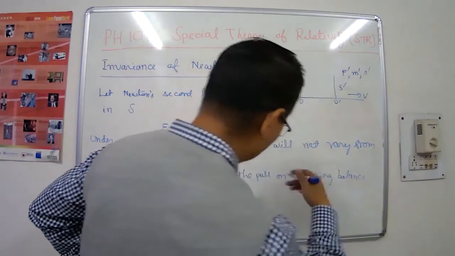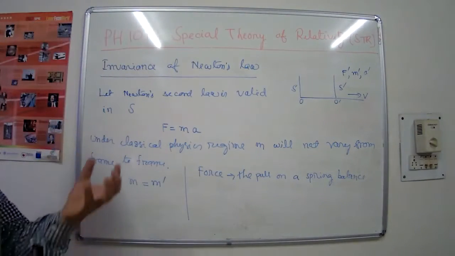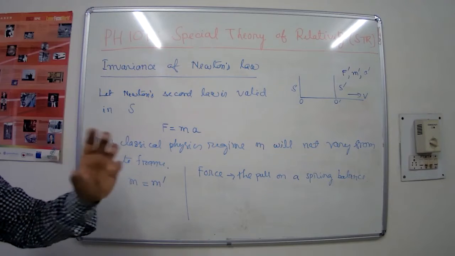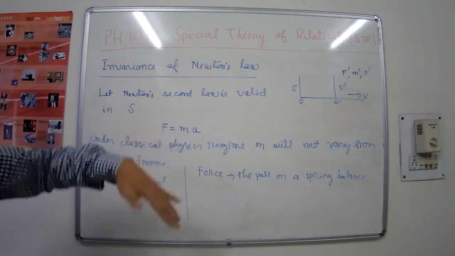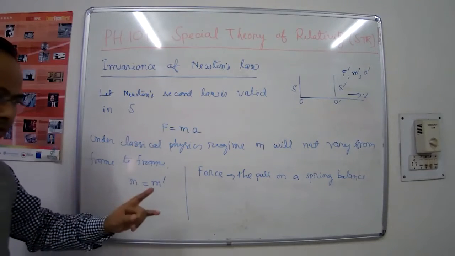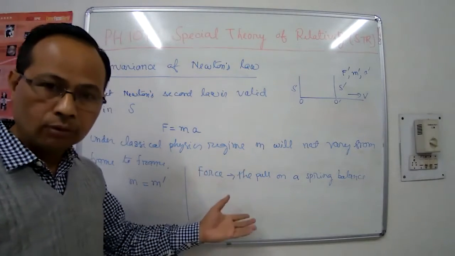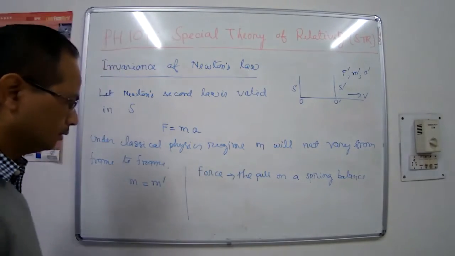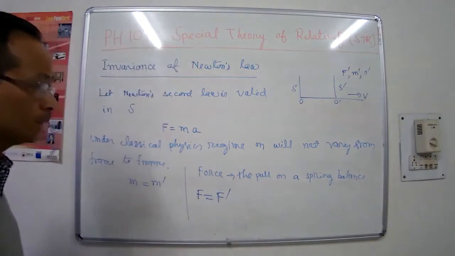There can be other types of force also, but I am considering that the pull due to a mass on a spring balance, that pull I am considering to be the force in this particular case. Now you know that the mass remains the same under classical physics in the two frames. So then the pull, or that particular force, should also remain constant. So that means F is equal to F prime.